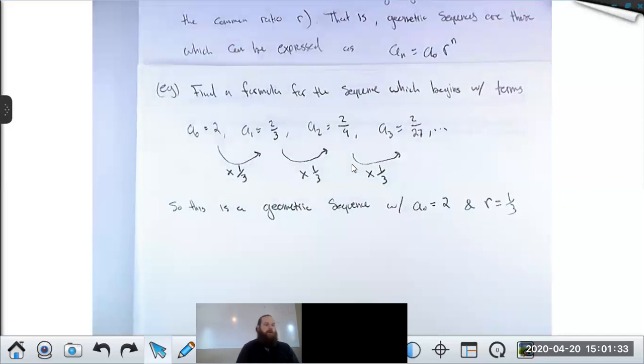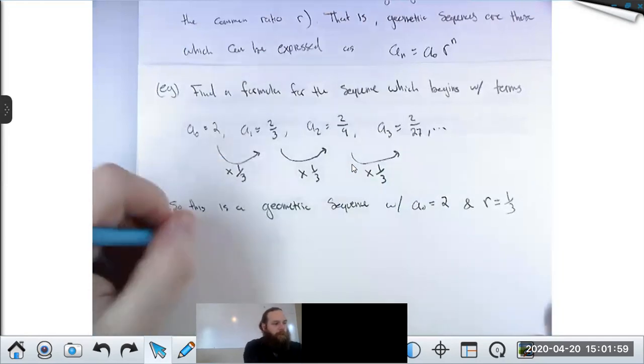If you're given a sequence and you know it's geometric, you can always find the common ratio by dividing any two consecutive terms. Like A1 divided by A0, 2/3 divided by 2 is 1/3. A3 divided by A2, 2/27 divided by 2/9, the 2's cancel, and you get 1/27 over 1/9, which is 9/27, which is also 1/3. So hence the term common ratio.